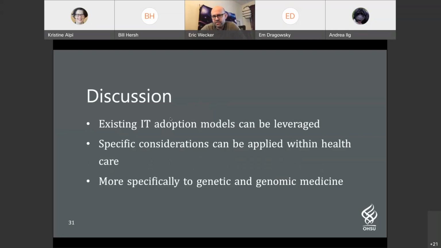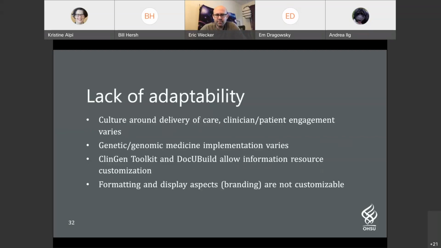But because these are not unique barriers, there are some existing models that can be leveraged to aid in adoption. Of course, there are specific considerations within healthcare, and then also even more specifically to genetic and genomic medicine. We'll talk about each of the barriers more or less in order of the amount of times they were cited.